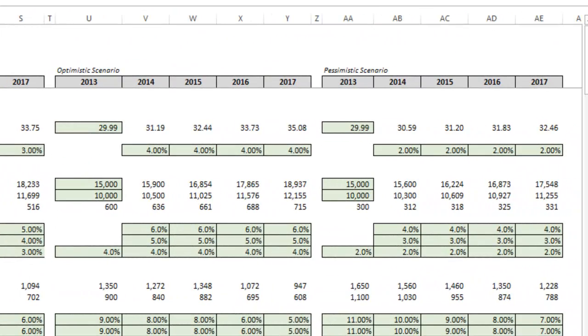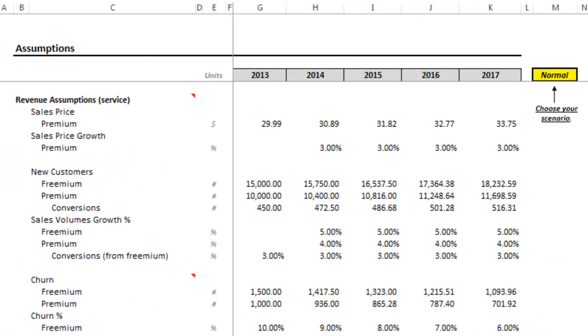Alright, all finished. So not much changed actually, except for a few of the revenue and churn percentages. So if we scroll back to the first section, you can see that data is now being pulled into that section. So right now these figures are based on the normal scenario.